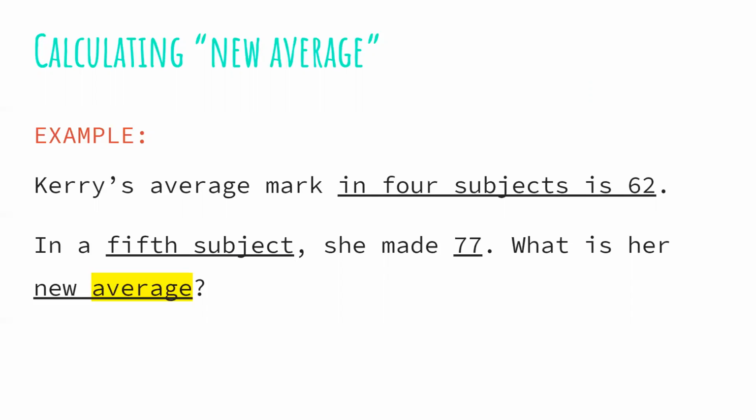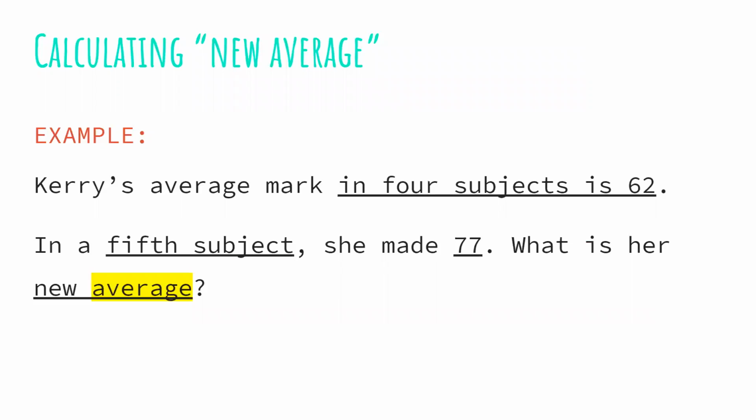Let's look at the first sentence. Carrie's average mark in 4 subjects is 62. What do I know? What does this tell me? I know that there are 4 values and that the average of those 4 values is 62. What else do we know?